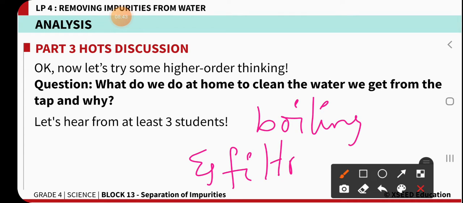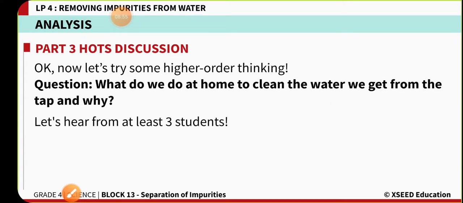We follow these two methods so that if any further impurities are mixed in, you can separate them, and boiling also helps to kill the germs. So we follow these two methods, boiling and filtering, even at our houses.